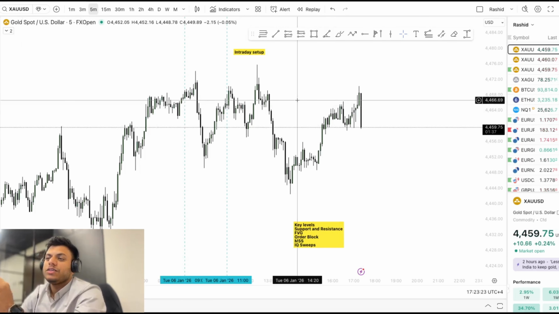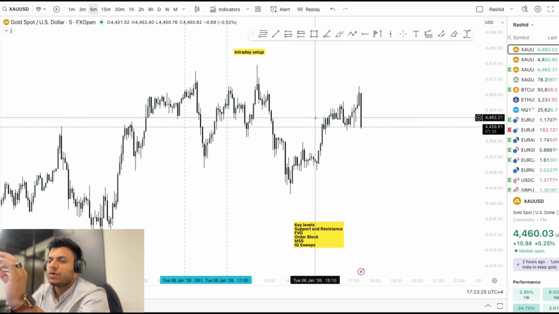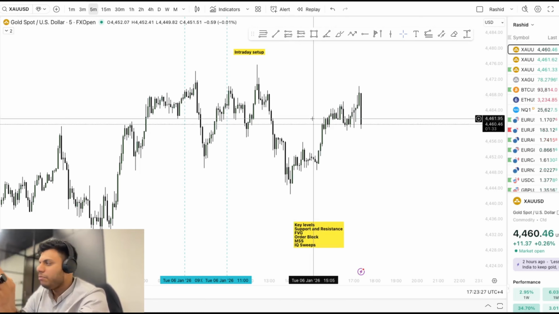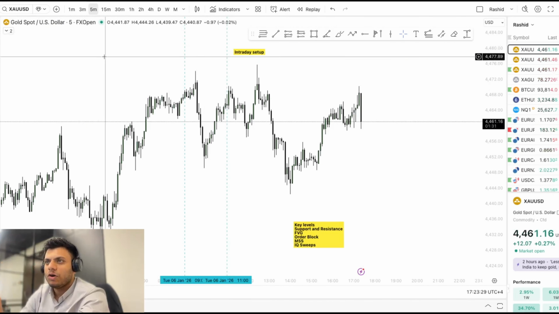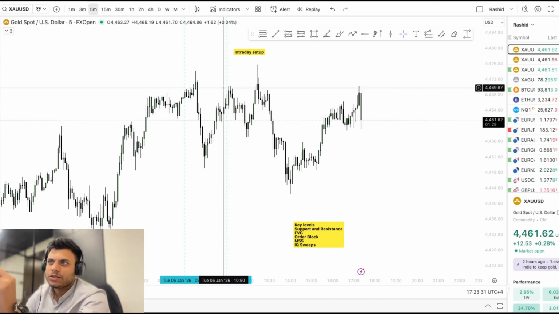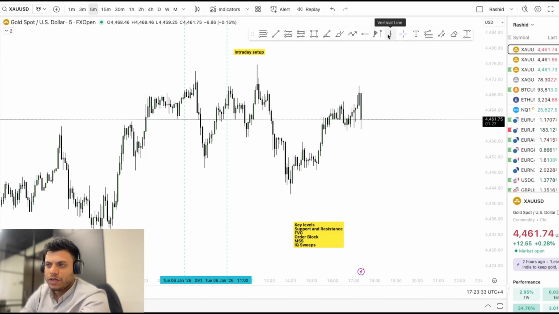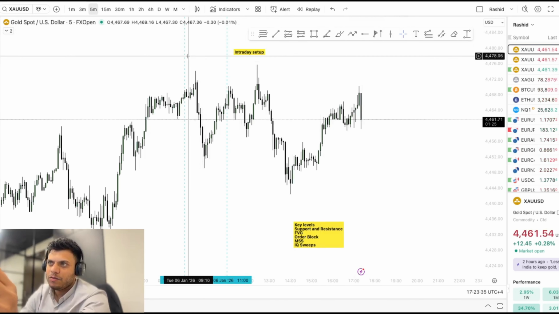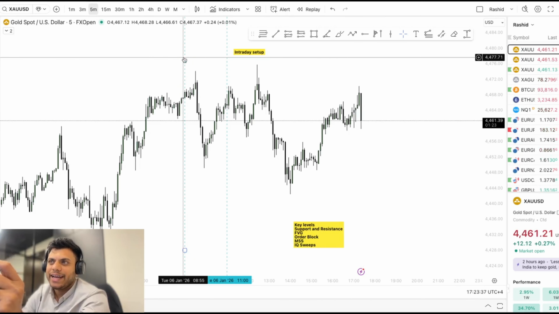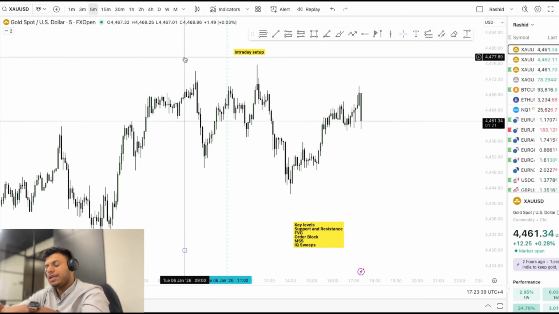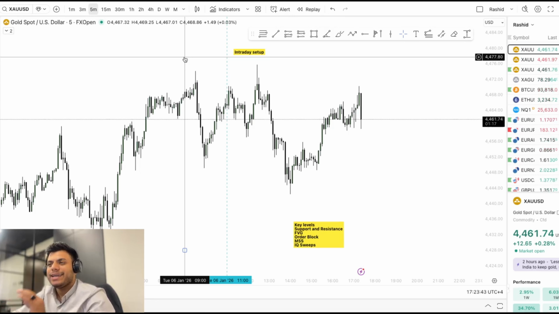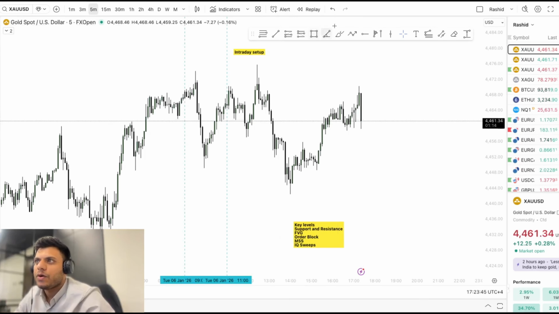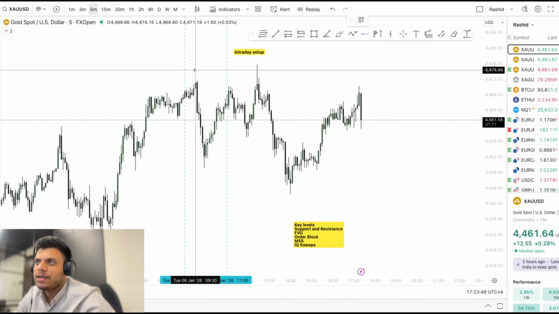First things first. Right now I'm on my 5 minute gold chart, and I took this vertical line and marked 9 a.m. Basically I'm taking this in the London session, so I'm marking the 9 a.m. candle high, which is basically this candle.